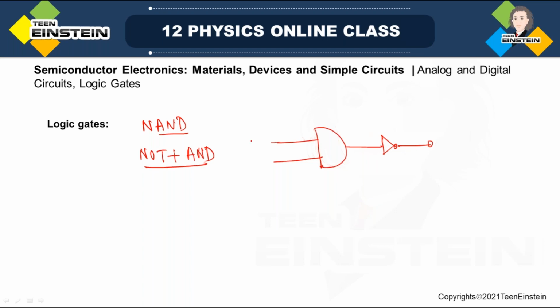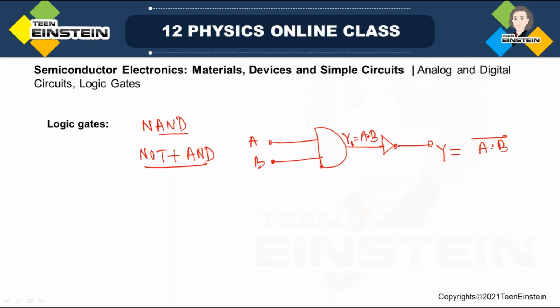See, this is AND gate. Suppose A and B are two inputs. So we get here output Y1 as A dot B, right? Now when we take NOT operation of this A dot B, the final output will be A and B over whole bar, because NOT operation will give you the whole bar only.